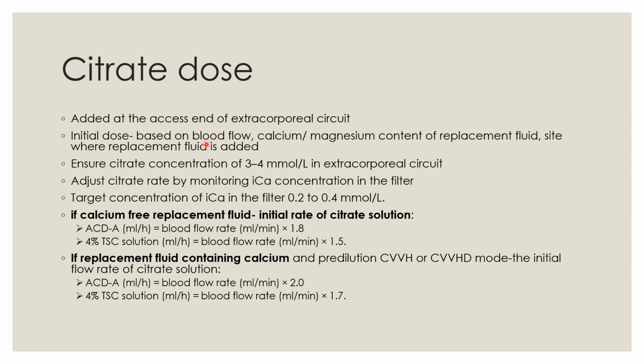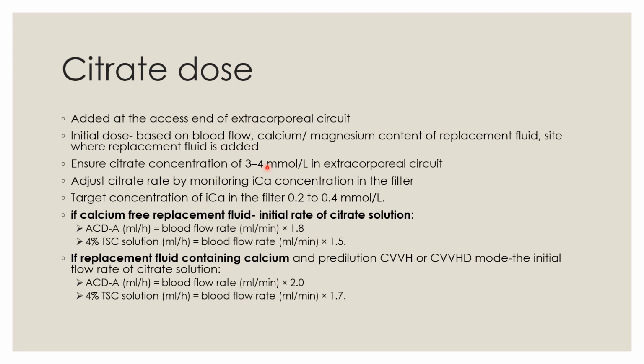The recommended target value of ionized calcium in the filter is 0.2 to 0.4 millimole per liter, but the target value should be individually adjusted according to the treatment situation. Citrate is added at the access end of the extracorporeal circuit to ensure a citrate concentration of 3 to 4 millimole per liter in the circuit.